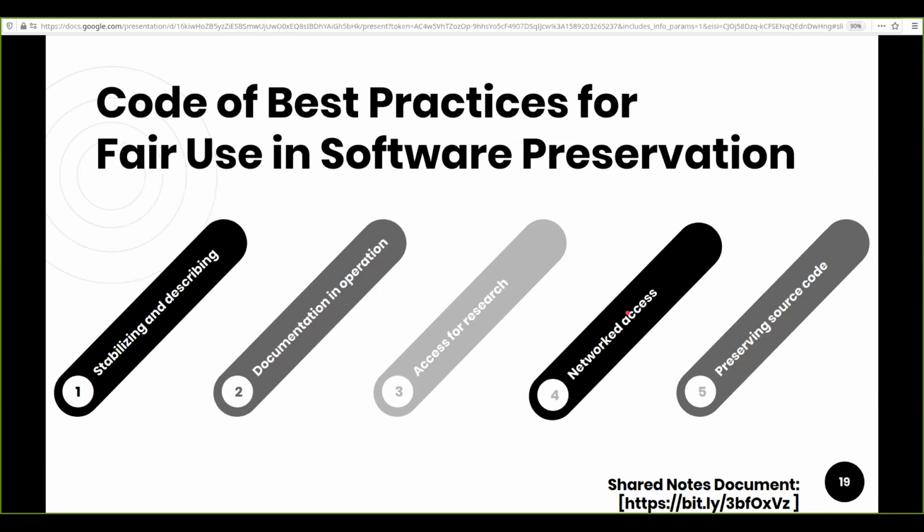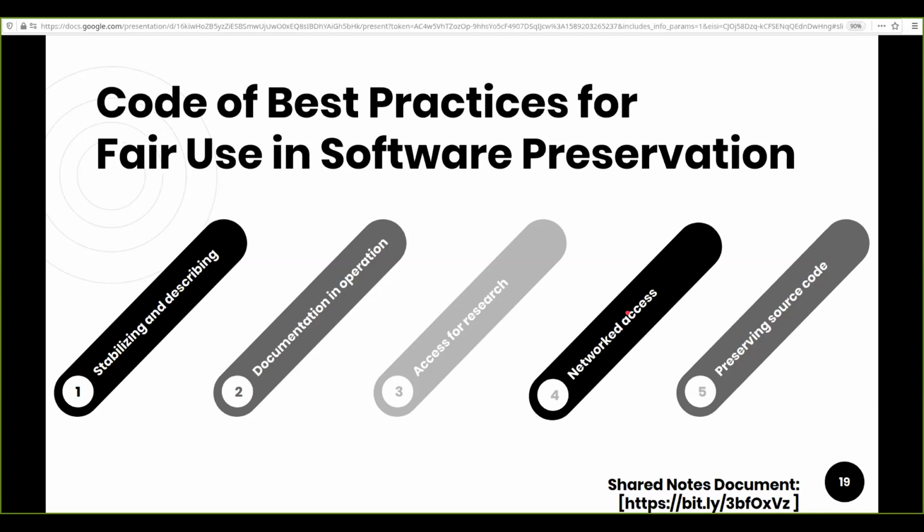This was a document developed in 2018 by the Association of Research Libraries in collaboration with the Software Preservation Network, called the Code of Best Practices for Fair Use in Software Preservation. And this is really a legal guidance document to present to administrators, and it was developed under the guidance of a lot of copyright experts.